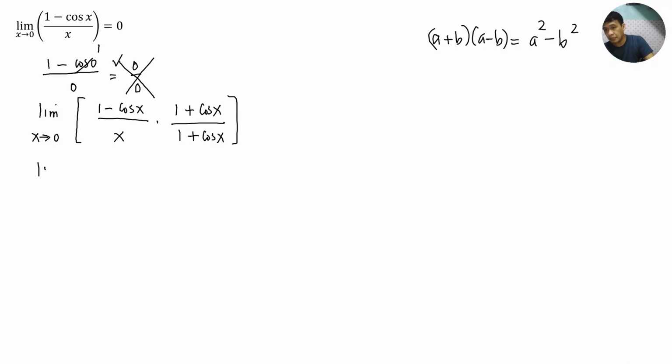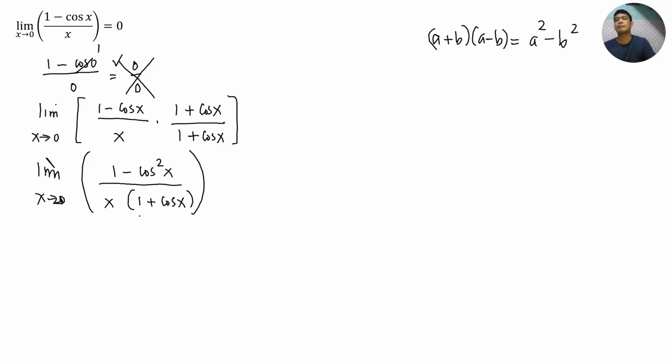So, in that case, multiplying as x approaches 0, it becomes 1 minus cosine squared of x all over x times the quantity 1 plus cosine of x. But, the trigonometric identity says sine squared theta plus cosine squared theta is equal to 1.